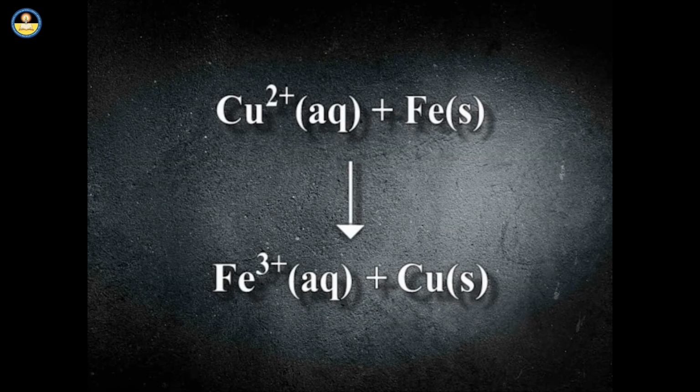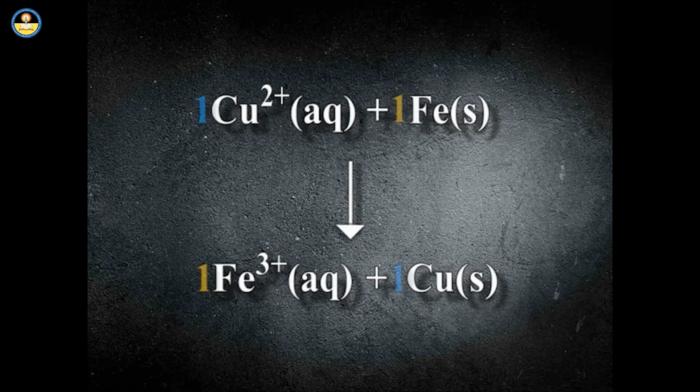Children, let us balance the following ionic equation. Cu²⁺(aq) reacts with Fe(s) to give Fe³⁺(aq) and Cu(s). Solution: on inspection, it is clear that the number of atoms on both sides of the equation is the same, 1 atom or ion of Fe and 1 atom or ion of Cu.